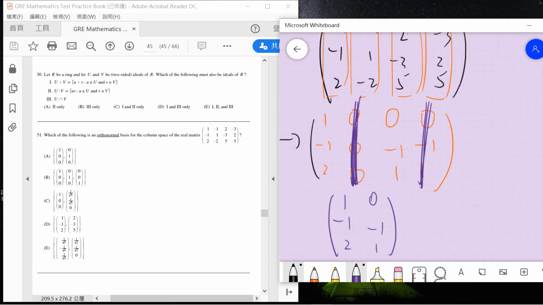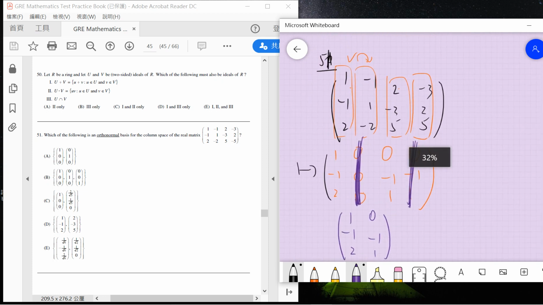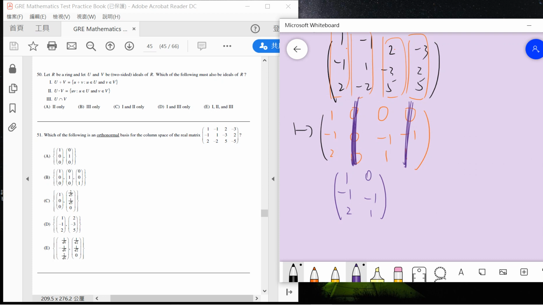Okay, so you need to do the Gram-Schmidt decomposition. But in this case, we have multiple choice, so we don't have to do this.